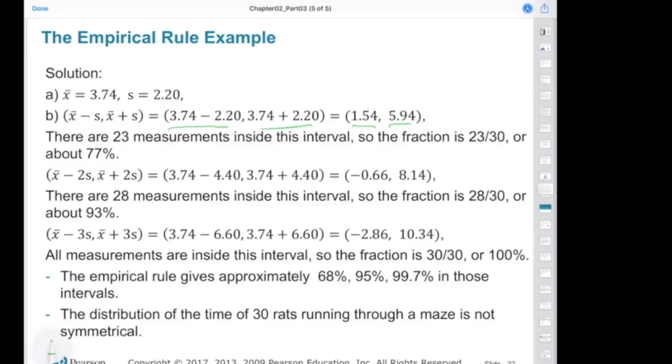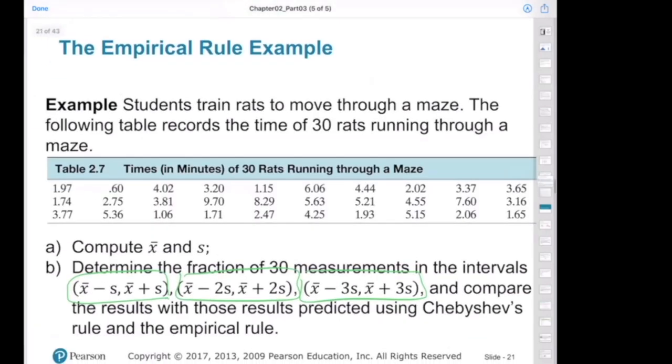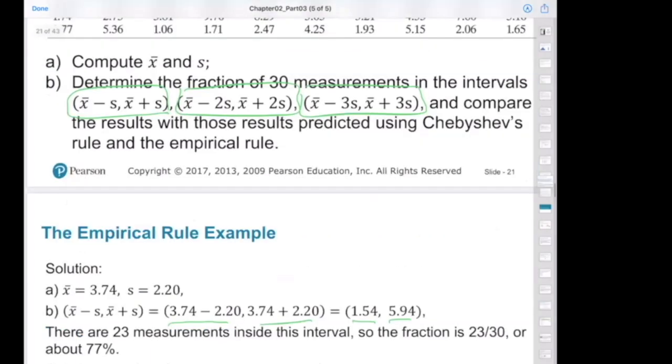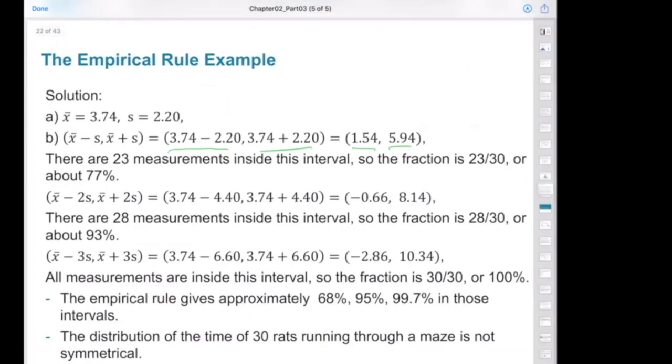If you return to our data here and count the numbers that belong to this interval, you will find 23 numbers. So there are 23 measurements within this range.